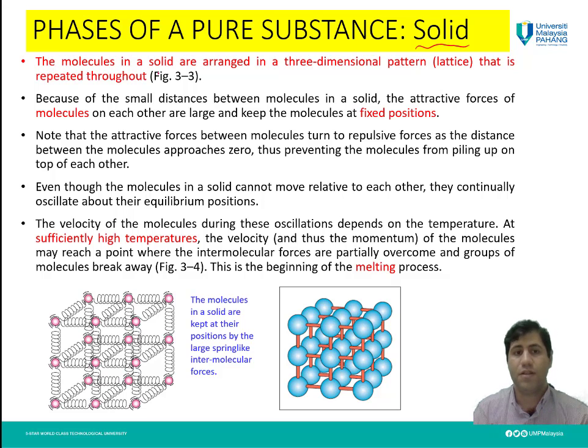The molecules in a solid are arranged in a three-dimensional pattern that is repeated throughout, like what we have here in this figure. You can see a simple illustration of the solid phase. They have a pattern, arranged in a three-dimensional pattern which is repeated throughout the whole substance.